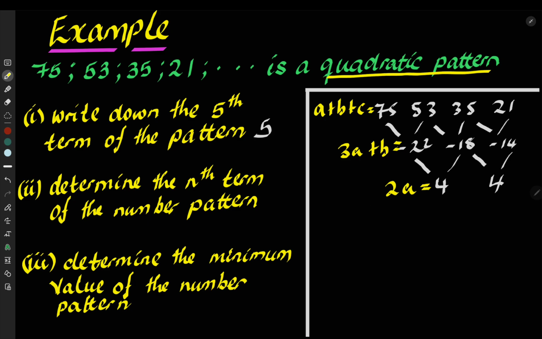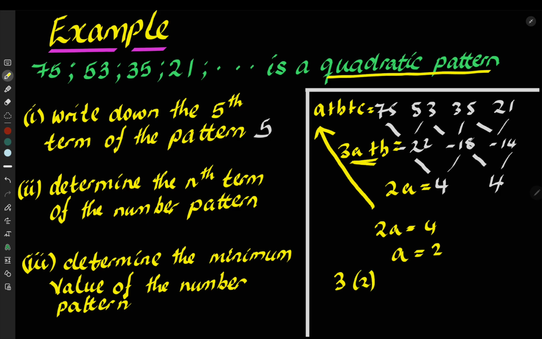With this, you work from down upwards, because on the top you've got a lot of unknowns. So you have to find your a first. 2a is equal to 4, then a is equal to 2. Once we get our a as 2, we substitute into the next one, which in this case is 3 times a.